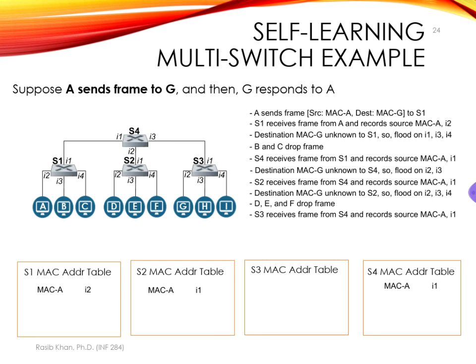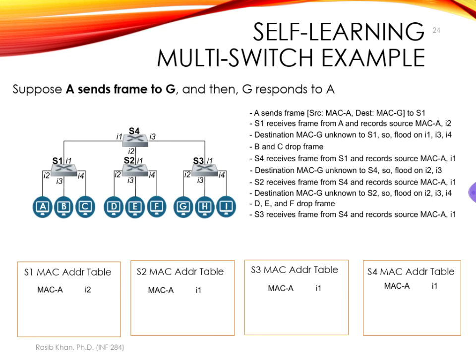So going back to the step where S4 also broadcasted the frame on interface I3, that is sent out and received by S3. S3 receives the frame from S4 and records the source MAC address, MAC A, and the interface through which it just received that frame, which is going to be I1.